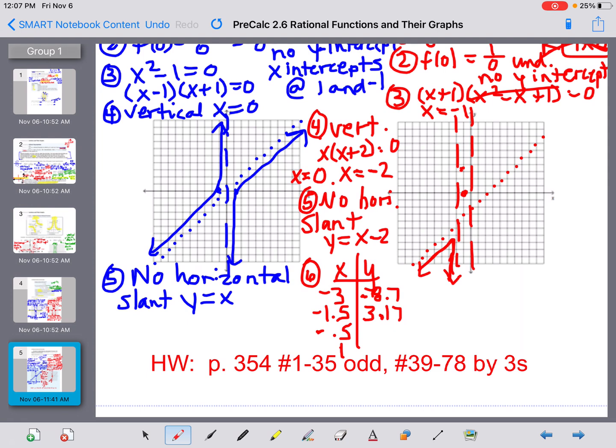I get -1.17. And finally, when I plug in 1, I get 2 on top divided by 1 plus 2, 3 on the bottom, so I get about 0.7 or 0.6 repeating. So at -0.5, I'm at -1.17.